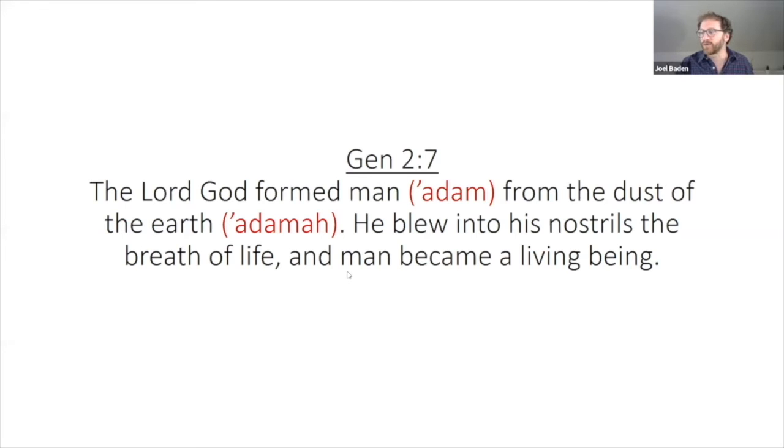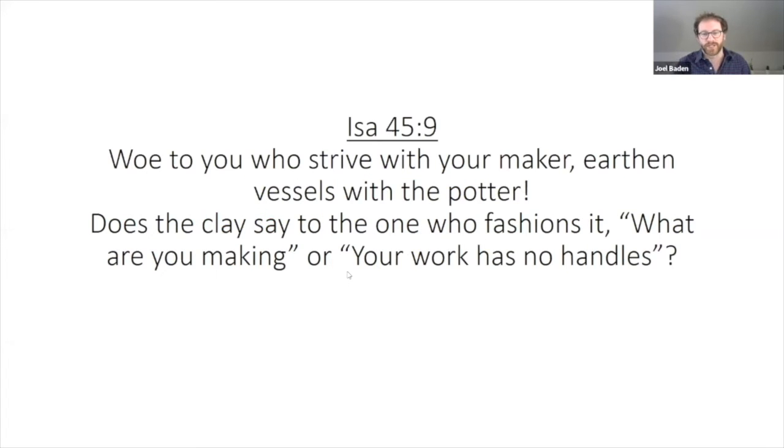The prophet Isaiah will use the same image in Isaiah 45: "Woe to you who strive with your maker," and that's that word again, the same word as here for forming, "earthen vessels with the potter. Does the clay say to the one who fashions it," and I think that's the same word again, "what are you making, or your work has no handles?"